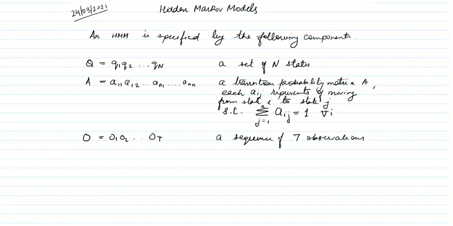Then we have the emission probabilities, or observation probabilities, or observation likelihoods. So we are denoting it by B equal to small b i of small o t. Again, this is a matrix or sequence of observation likelihoods.